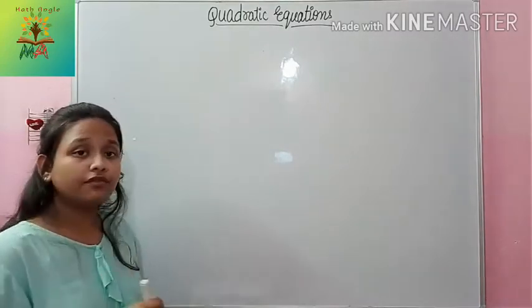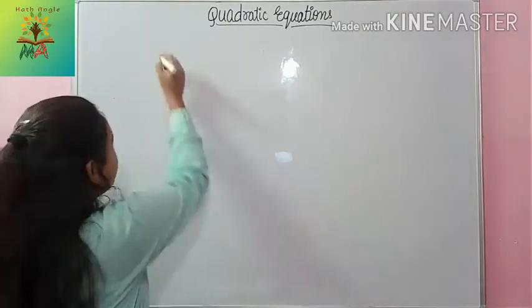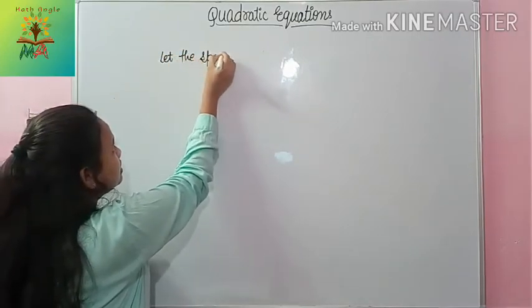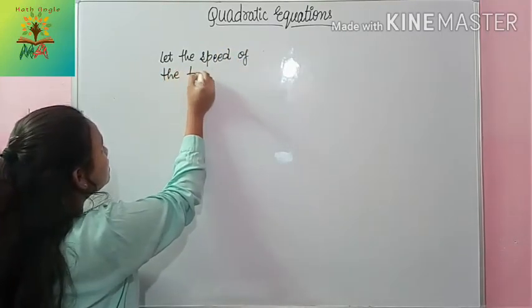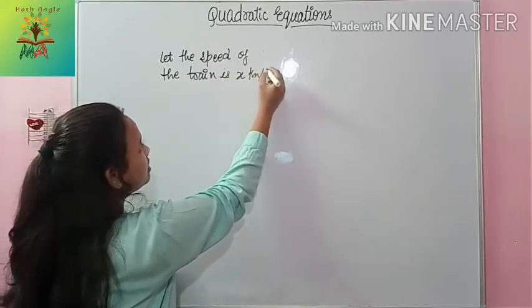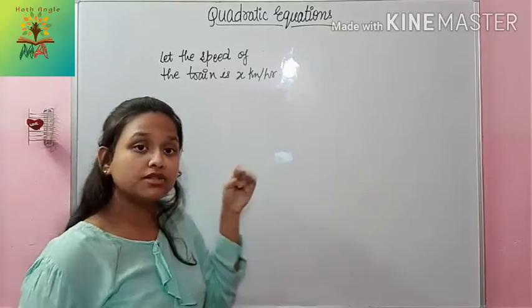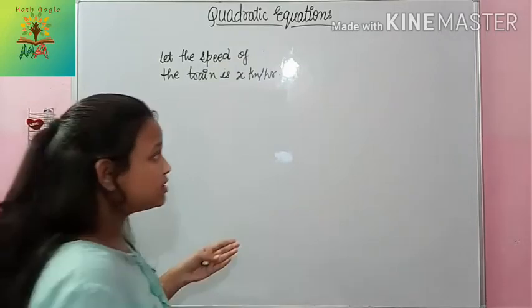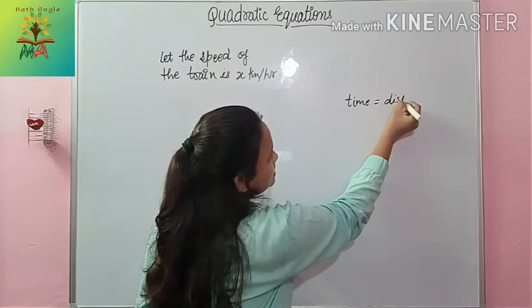So let's see. First of all, let the speed of the train be x kilometers per hour. Since we are given the speed in kilometers per hour, we are letting it in the same units. Now we will use the formula which says that time is equal to distance upon speed.